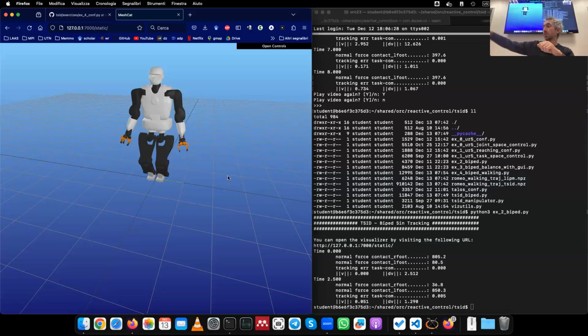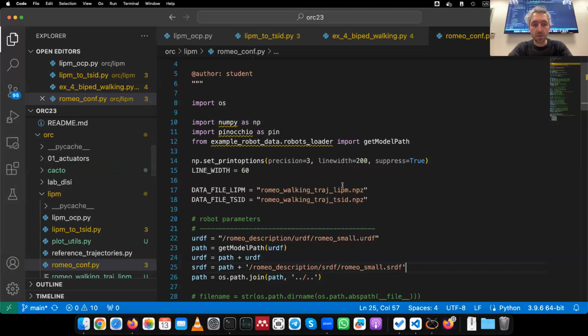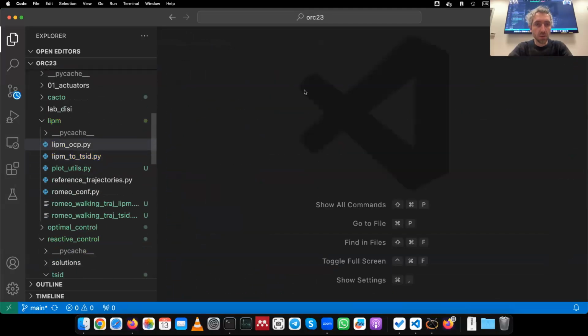So if you try to make the COM move outside the support polygon, what happens? And try to increase the frequency of the COM sinusoid, and try to add a contact on the hand. Maybe we're not going to do everything, but at least I would like to try out a couple of these things. So let me open that script again.